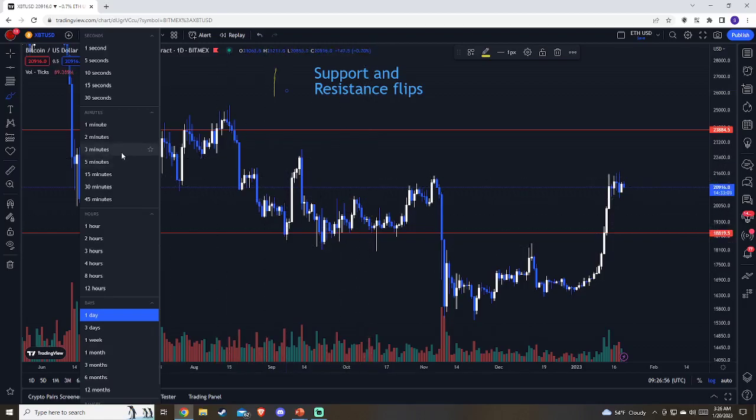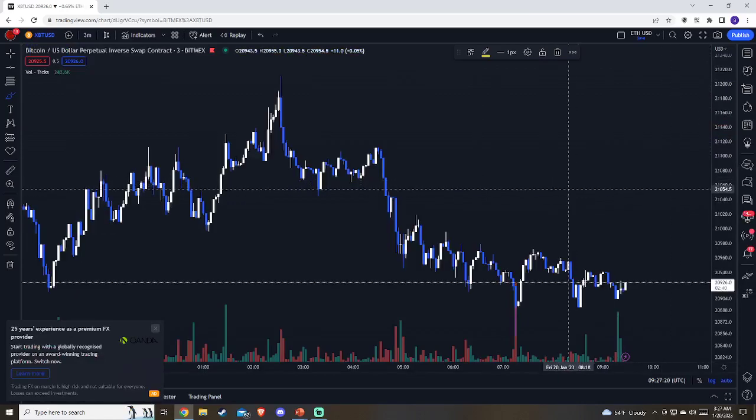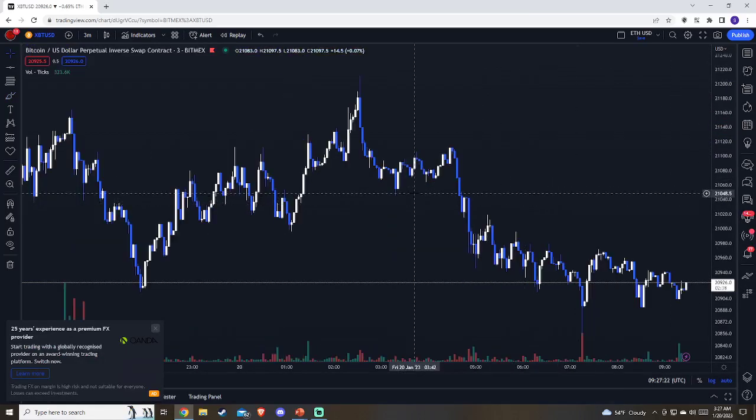So what we're going to do is start on a lower time frame. One more thing I want to reiterate is that price action traders, when we're looking at support and resistance flips, want to put more value on recent price action than distant price action on every time frame, because the most recent price action is what's happening in the day.